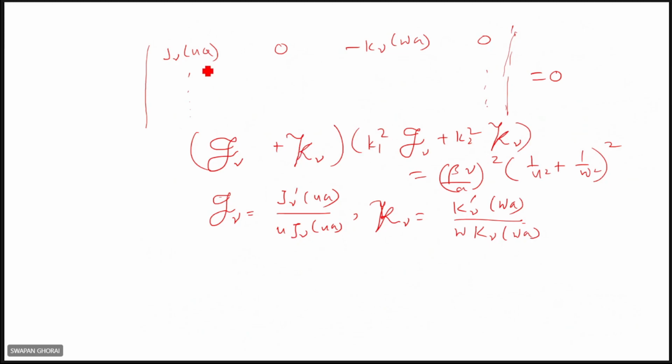I'm just showing it. If you write all the coefficients of the four equations, then you can have this matrix in determinant form, and the determinant of this matrix will give these equations.